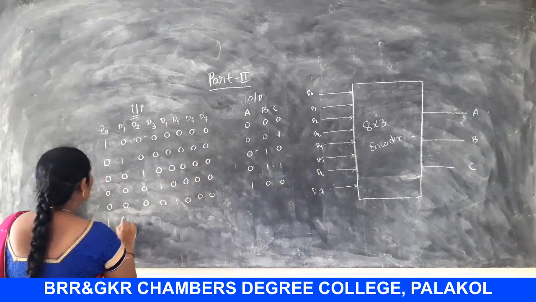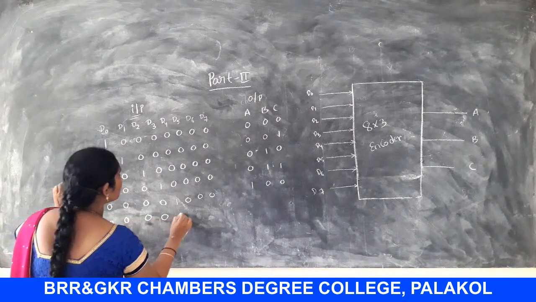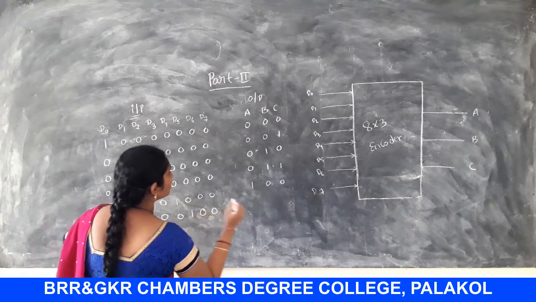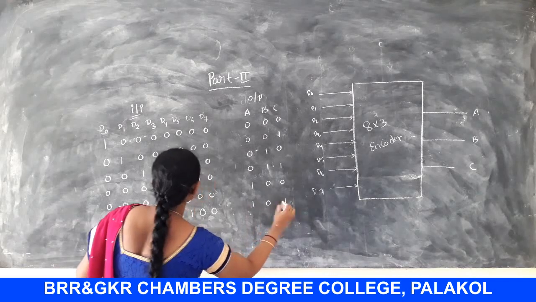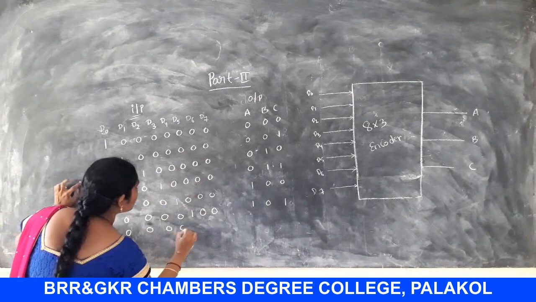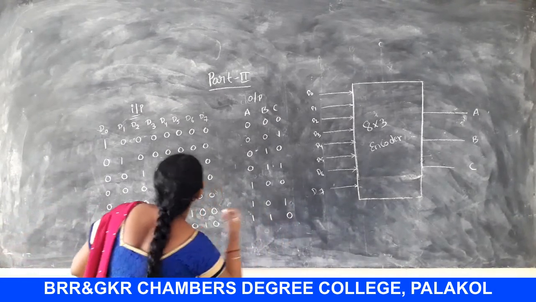Next we will give 5, and the corresponding value is 1, 0, 1 here. Next we will give 6, the value is 1, 1, 0.